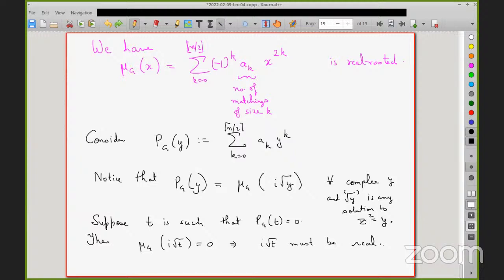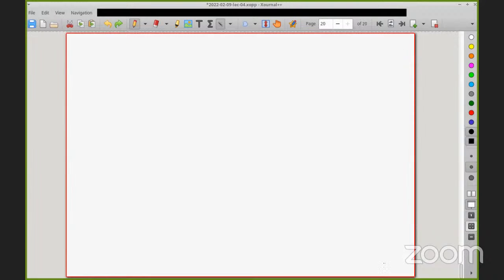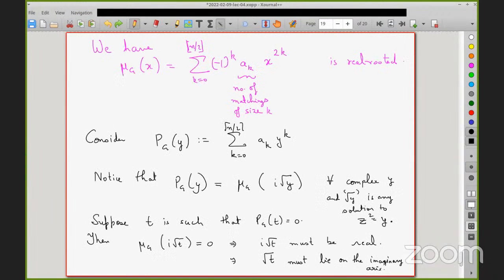What does that mean? That means that the square root of t must lie on the imaginary axis, including that it could possibly be 0. So its real part is 0.